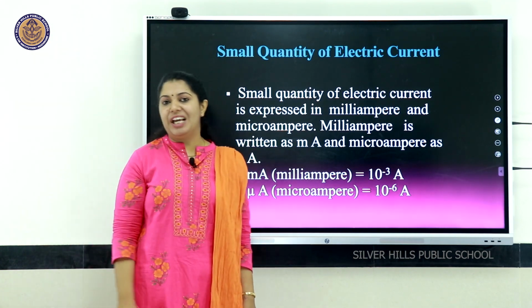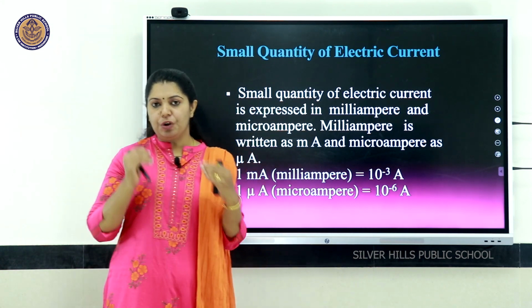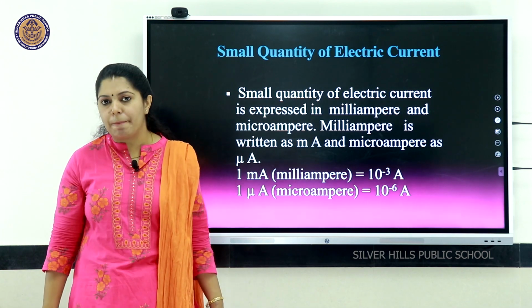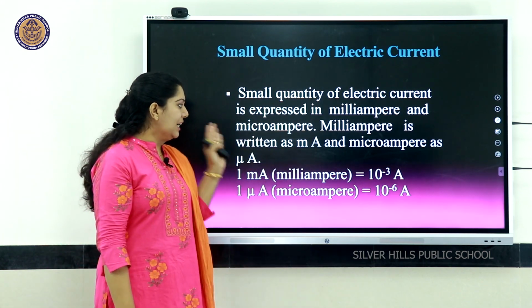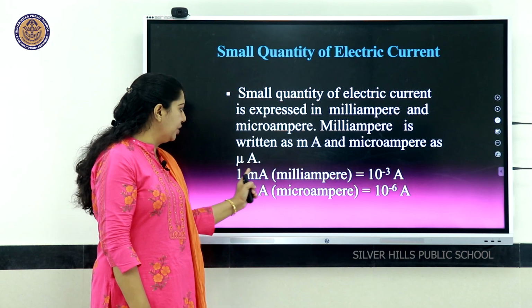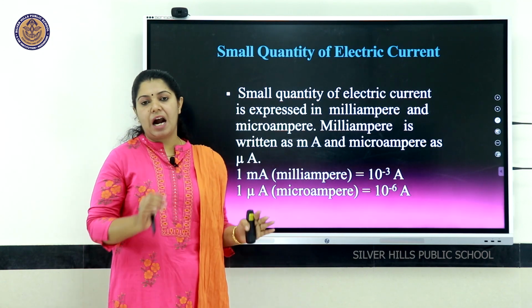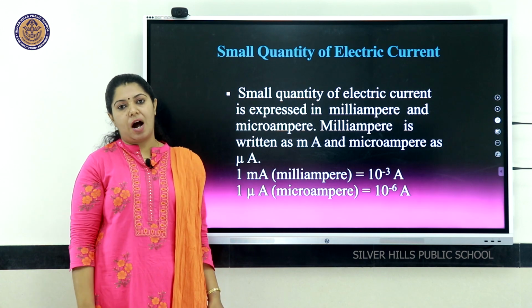Small quantities of electric current. I told you that the unit of current is ampere. For smaller quantities, one unit is milliampere and the other is microampere.